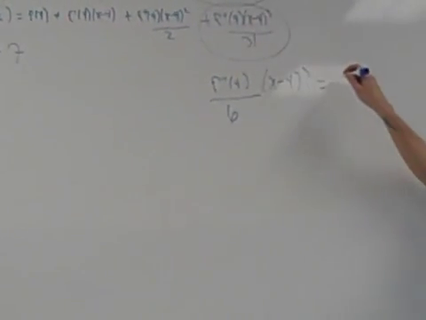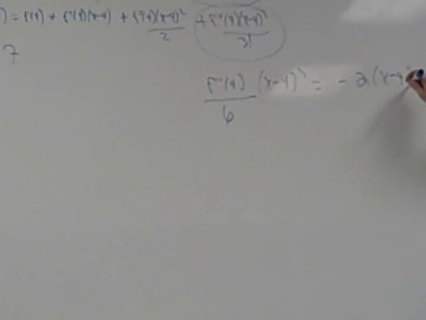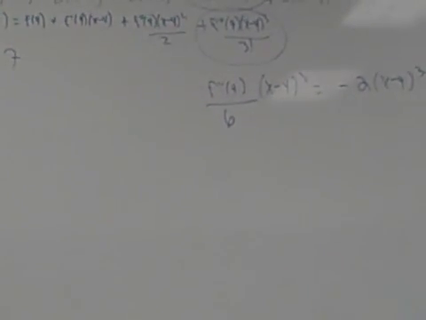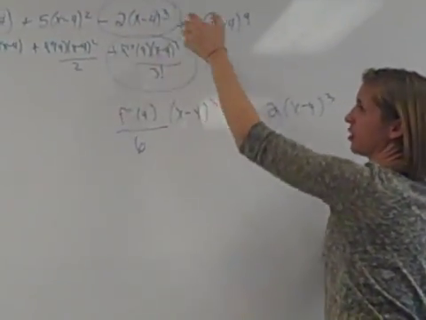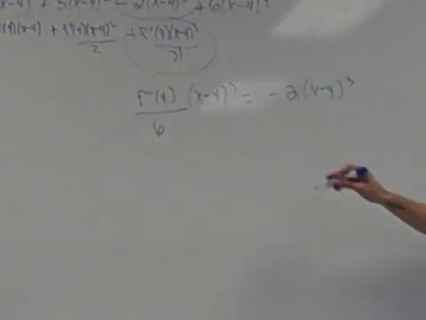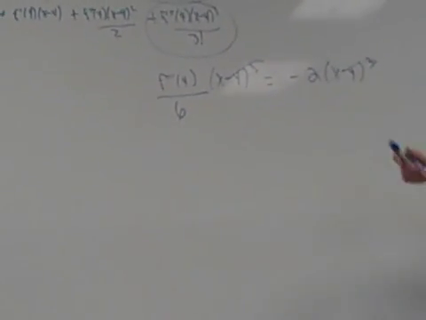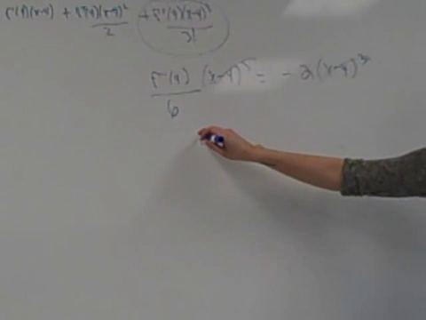And that's supposed to equal what they actually got for that term. So I took the definition, the formula, and set that equal to its partner term in the actual series. So to find out what f triple prime of 4 is, it's going to be negative 12.